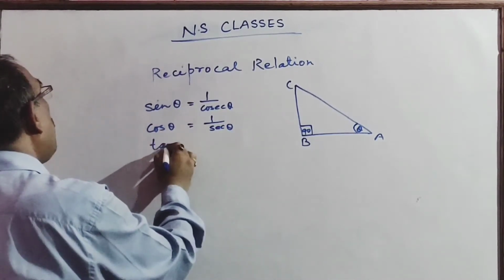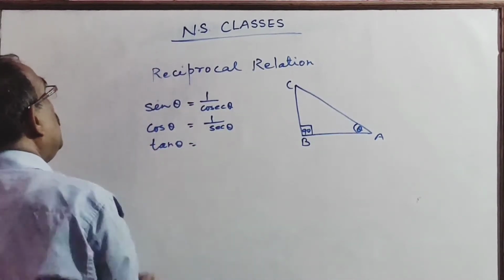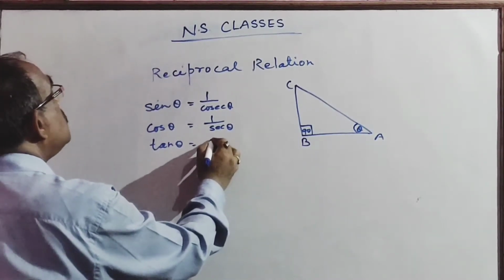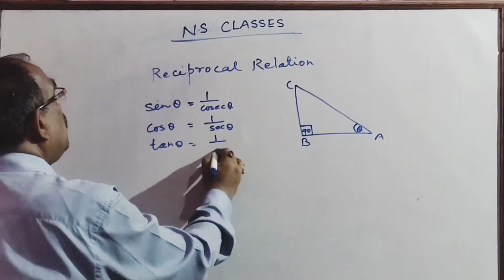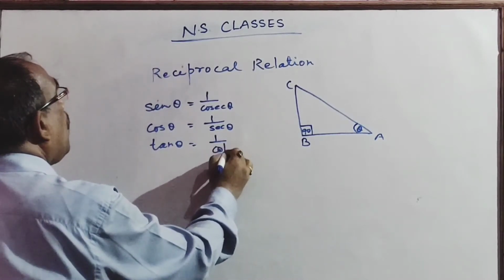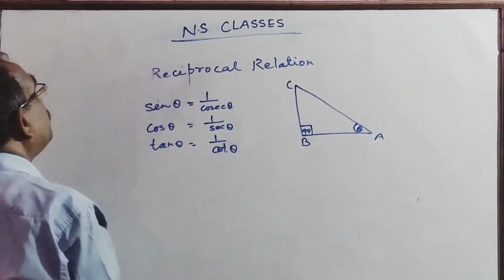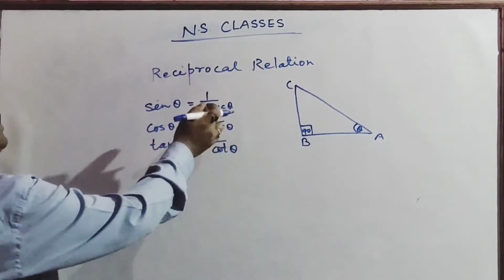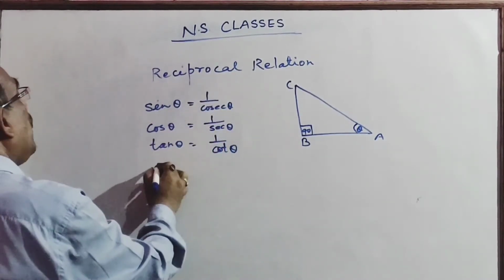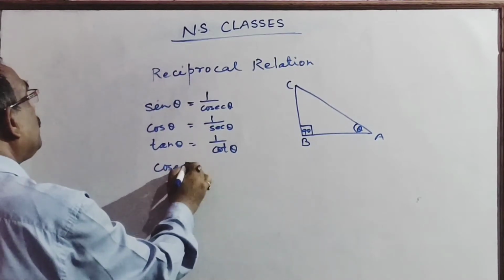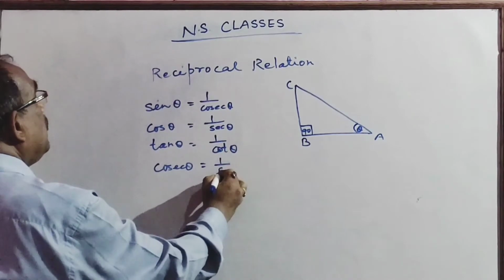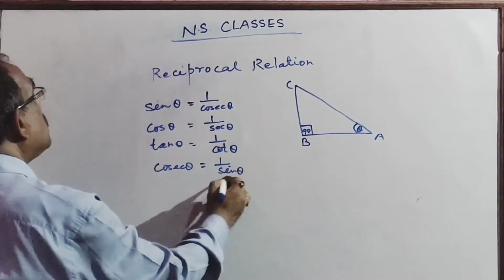Tan theta is equal to 1 by cot theta. And similarly, when we write cosec theta here, then certainly it will be equal to 1 by sin theta.